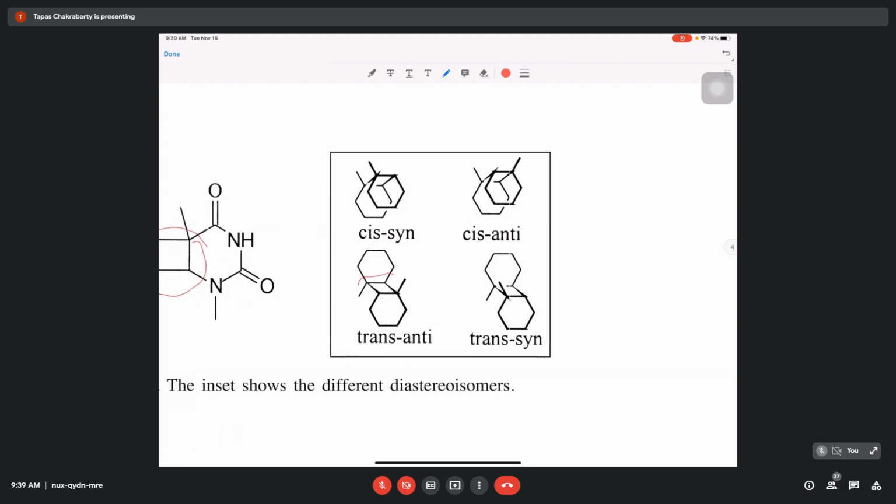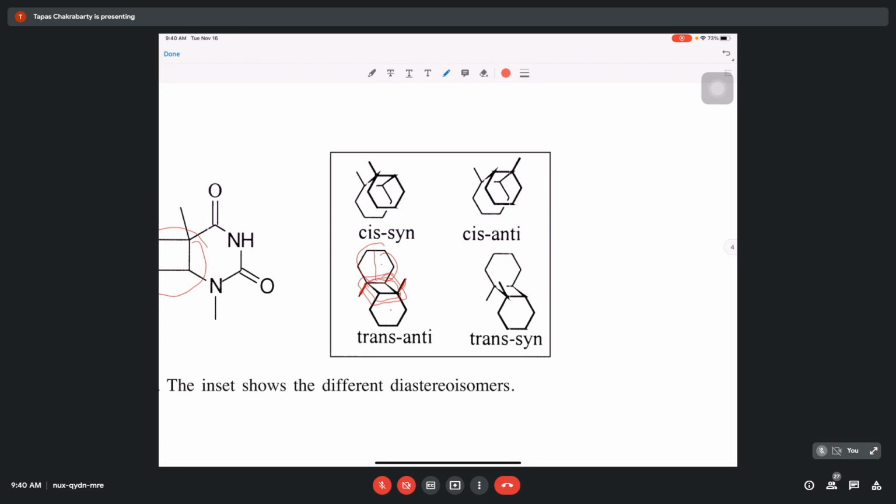Basically this is your 4-membered cyclic ring, the cyclobutane ring that is produced, and the positions of these methyl groups and the positions of the rings are like this. If this cyclobutane ring is in the plane, then in one situation the 6-membered ring on one end goes down and on the other side it goes up. So that is one situation, going up and going down.